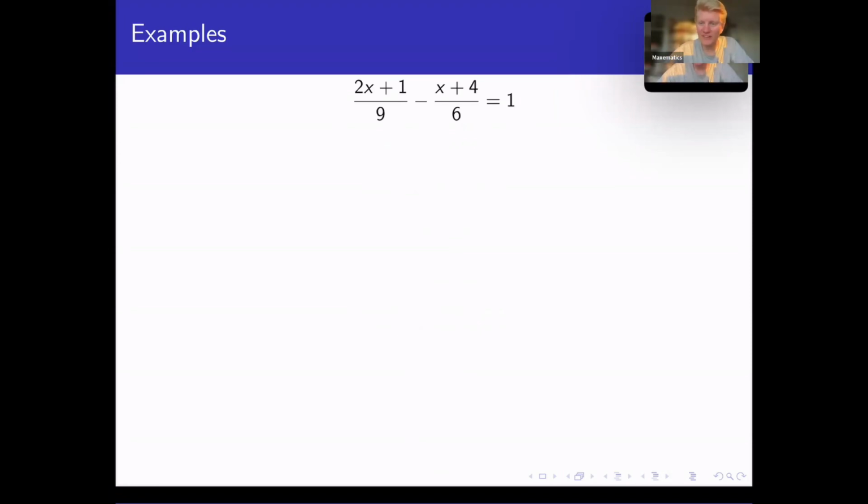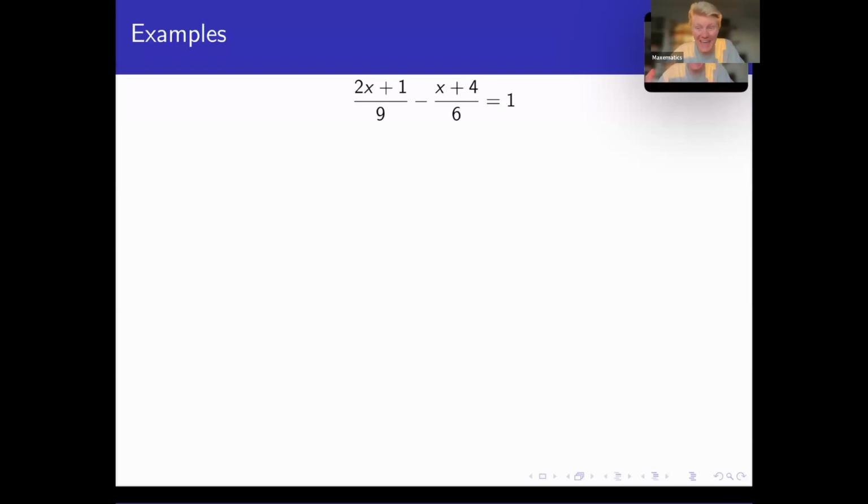Well, let's do one more example, and I told you if you have a denominator, multiply by the LCD, and here's why. Well, what you could do is 2x over 9 plus 1 over 9 minus x over 6 minus 4 over 6. That's a lot of fractions, and we saw how much work just simply adding and subtracting fractions took.